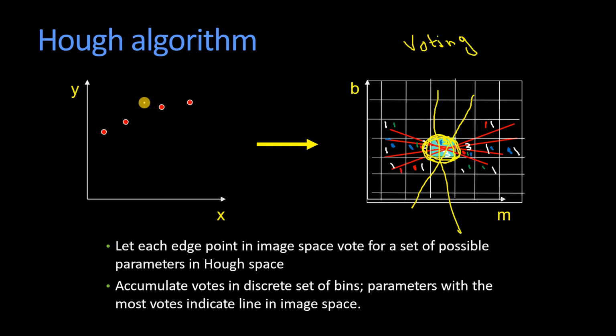The same is happening over here. Instead of me trying to fit a line, we ask the pixels: pixel number 1, which line represents you?